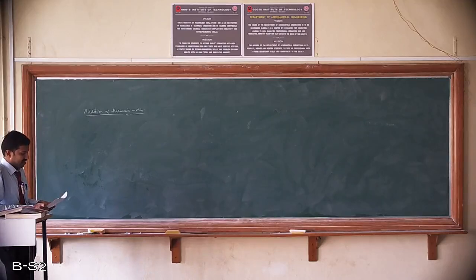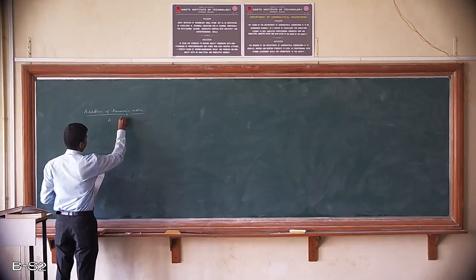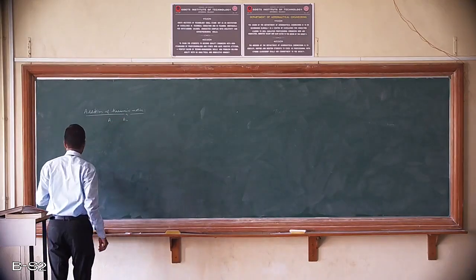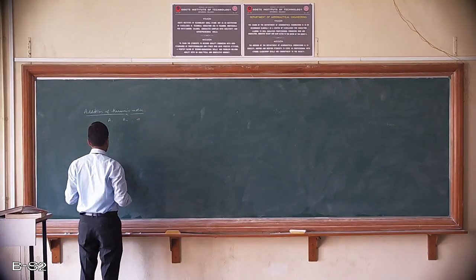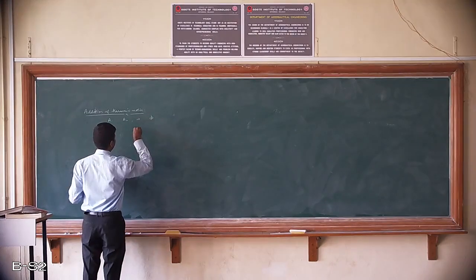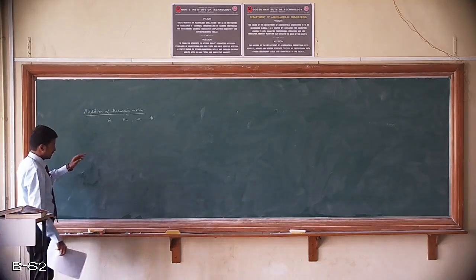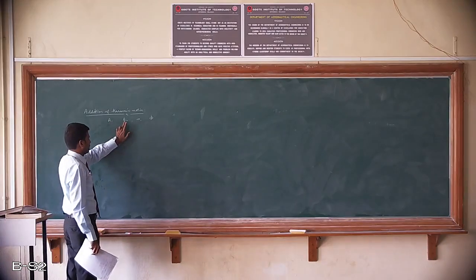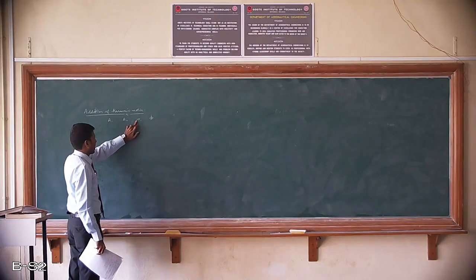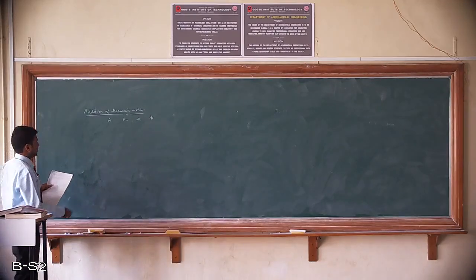Let us consider two harmonic motions with amplitudes A1 and A2, having the same frequency omega and a phase difference of phi. Let us write the equations.